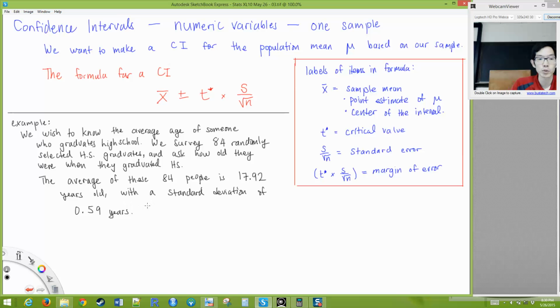Make a 95% confidence interval for the average age of graduating high school for everyone in the population.